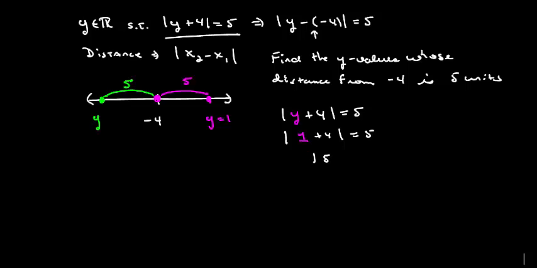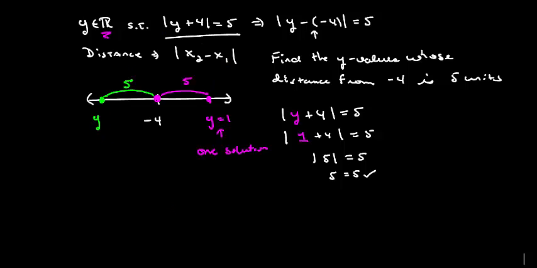And clearly, 1 plus 4 is 5, so the absolute value of 5 is 5. And that checks. So this is one solution, because 1 is a real number and it satisfies that absolute value.